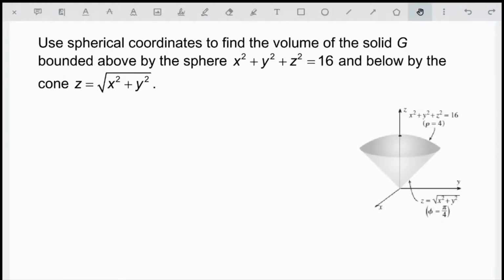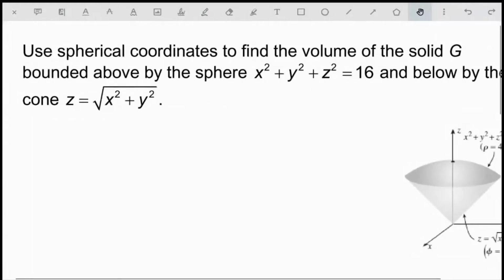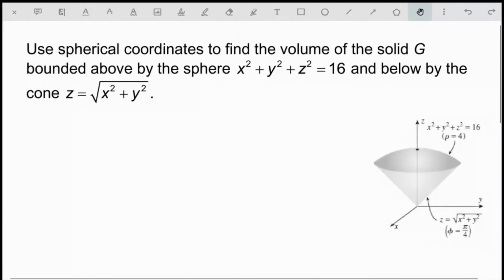Okay, so let's talk about how we would set the volume up here. Now, this is a little bit different than when we were dealing with the other setups. When we were dealing with a triple integral and we were thinking about rectangular coordinates, we'd be looking at the change in the z's, the change in the x's, the change in the y's for my limits of integration. Well, remember now we have to think about what's bounding my rho, what's bounding my phi, and what's bounding my theta.